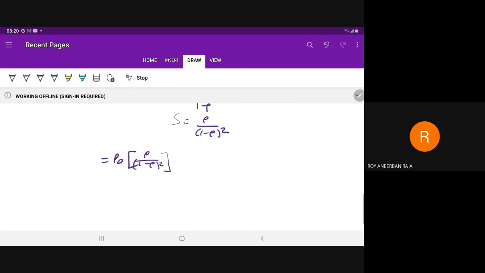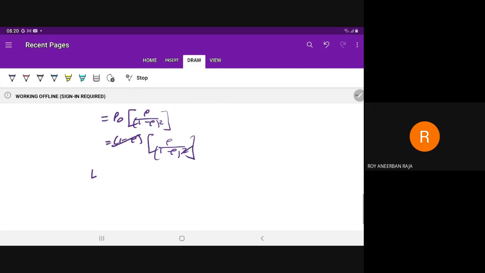And what is P naught? P naught is 1 minus rho. So 1 minus rho and 1 minus rho cancel out, and here L is equal to rho upon 1 minus rho.